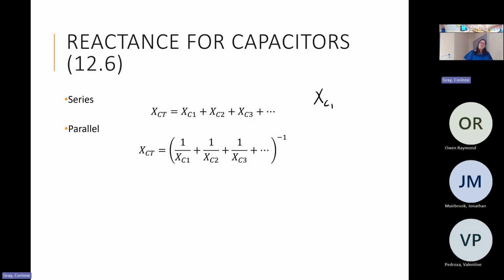V equals IR is how we've typically been using it, but its definition is I is equal to V over R, or in the case of reactance, I is equal to Vs divided by XC. Technically, that should be the equivalent or the total value that is going into it here.